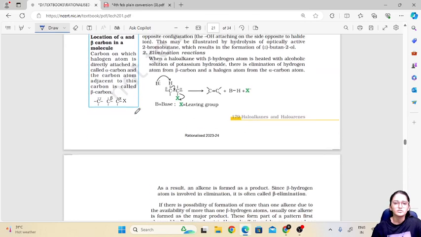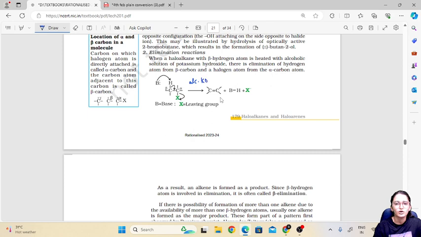Then we have elimination reactions. In an elimination reaction, an elimination takes place of the beta hydrogen atom. So let us consider this alkyl halide. When the alkyl halide is heated with alcoholic KOH, which is the reagent here, there is an elimination of halogen as well as hydrogen.